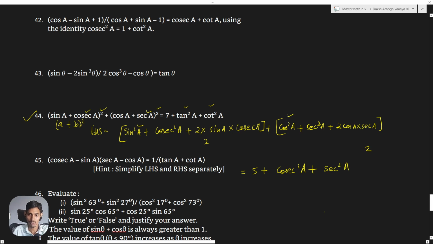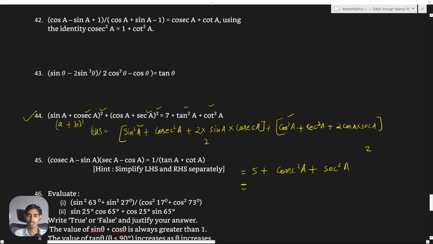Any doubts, anyone? Sine square a plus cos square a becomes 1. 2 into sine a cosecant a is 1, I mean 2 into 1. This is what we have.